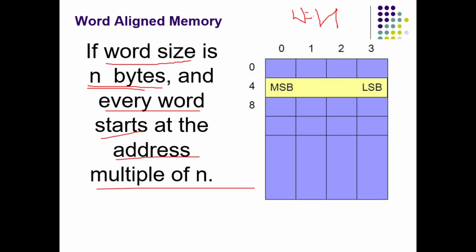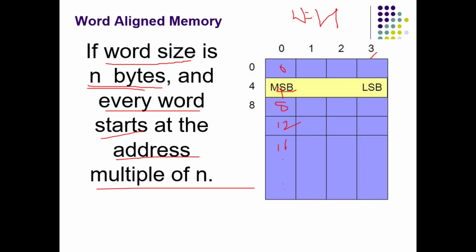So this address is 0. Here the starting address is 4 because 3 ends here. 4, 5, 6, 7. Here it is 8, then 12, then 16 and so on. So if the word size is n bytes and every word starts at an address that is a multiple of n, then the memory is called word aligned memory.